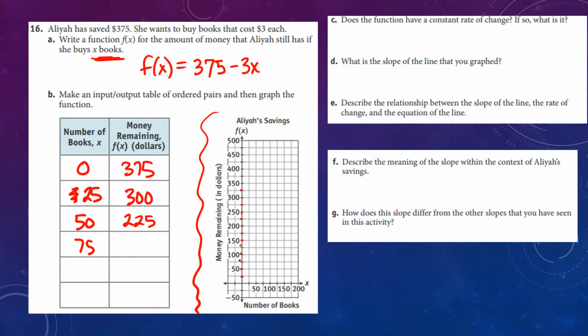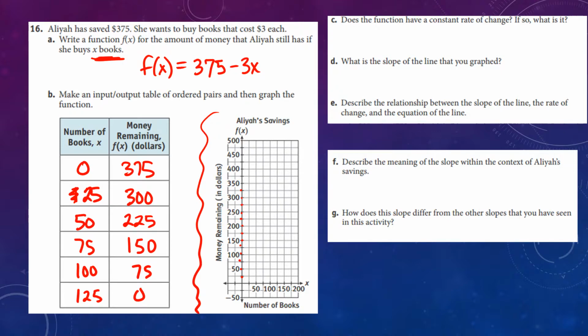So in increments of 25, figure out how much money she'd have left. So if she bought 75, she would have spent $225, so she'd have $150 left. And if she bought 100 books, she would have spent $300, so she'd only have 75 left. And if she bought 125 books, well, that would cost her her whole $375, so she wouldn't have anything left.